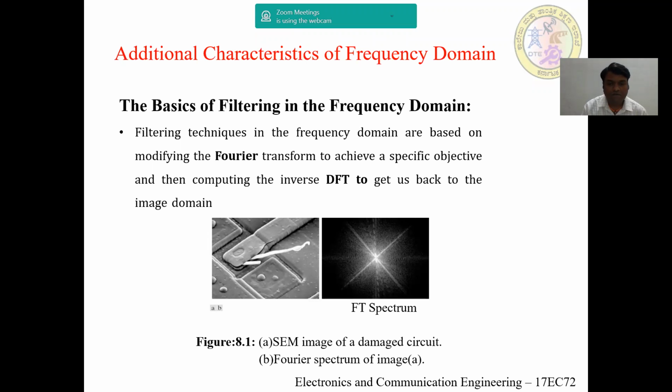The visual analysis of an image phase angle does not give much information, but its spectrum gives the gross characteristics of an image. For example, considering a scanning electron microscope image of integrated circuit from the figure and its Fourier spectrum of that image.